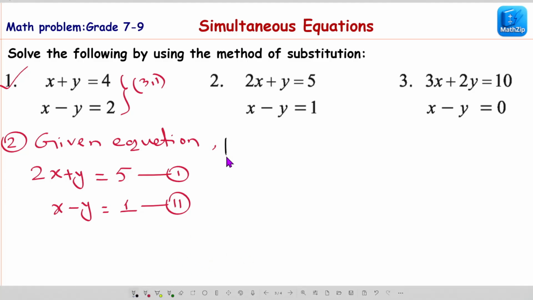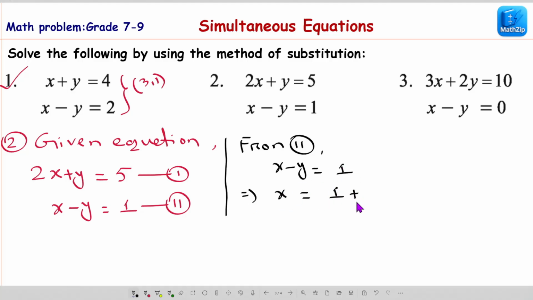So first, from equation 2, x minus y equals 1. So x equals 1 plus y. We can write this as equation 3.